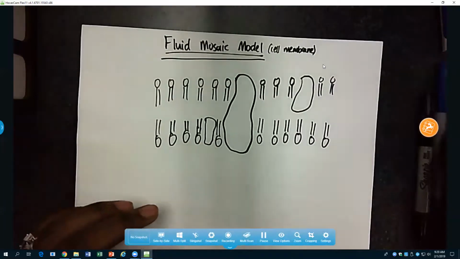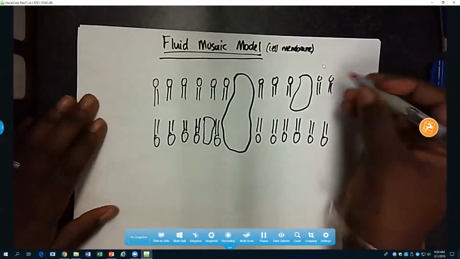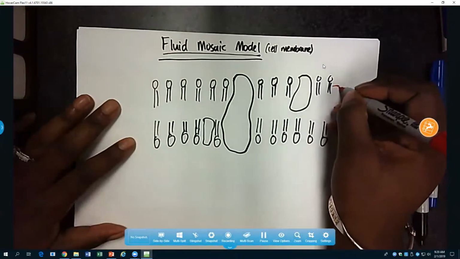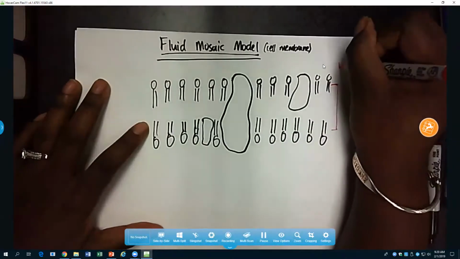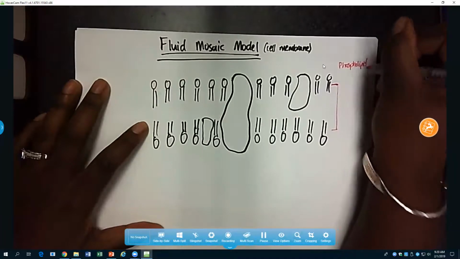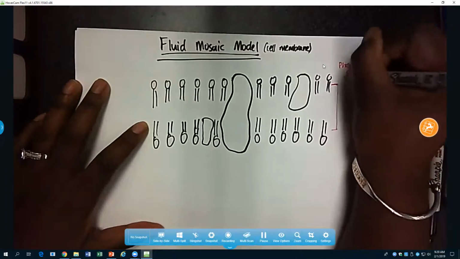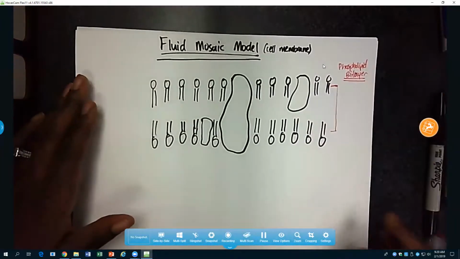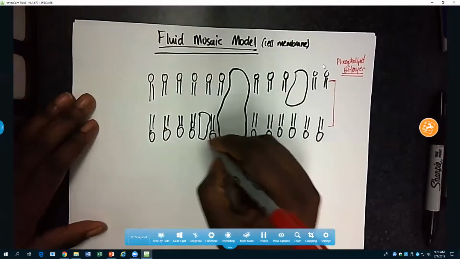Okay. First of all, the main component of the cell membrane is the phospholipid. I'll write it here, the phospholipid bilayer. Okay.